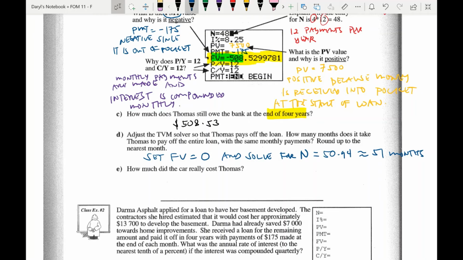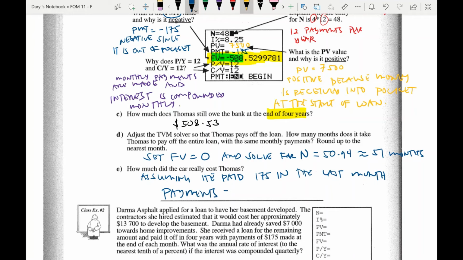So what we can do is, assuming he paid 175 up to the last month, the total payments would be, again, it would take him 51 months, from the previous question.